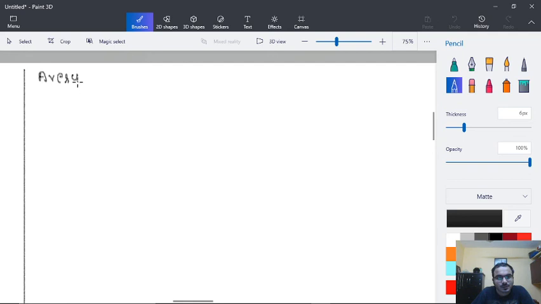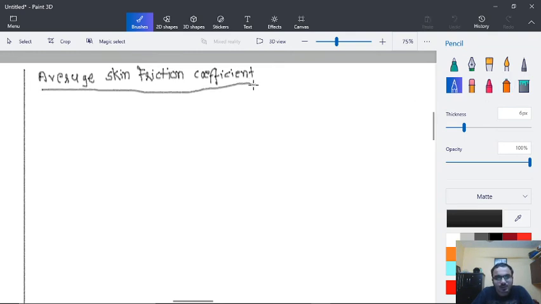Average skin friction coefficient. Okay, so let's calculate this very quickly.